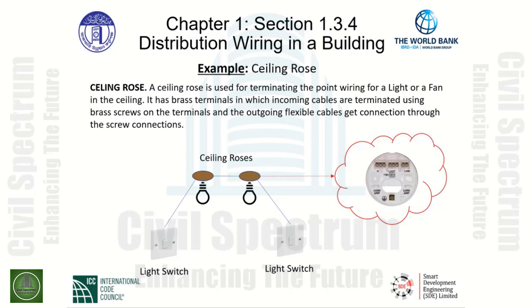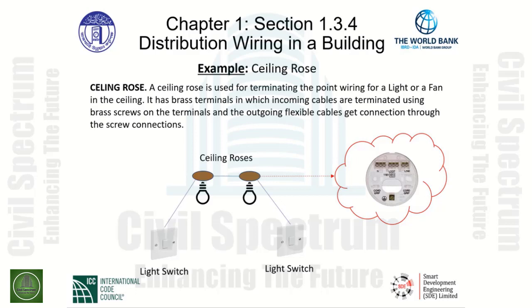The ceiling roses are indicated up in the ceiling. This provides a point of termination, or looping if you will, for the circuit that supplies the lighting. Power is supplied to the ceiling rose, and then it is dropped down to the light switches.